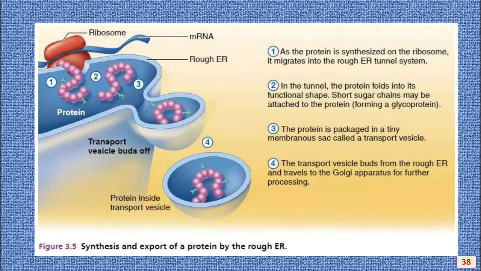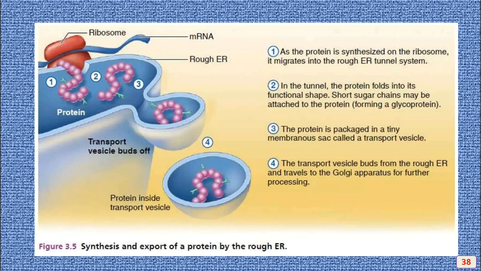Now we are going a little deeper. Number one, the protein is synthesized in the ribosomes, then it migrates to the endoplasmic reticulum. In the tunnel, the proteins are packaged in membrane sacs called transport vesicles.